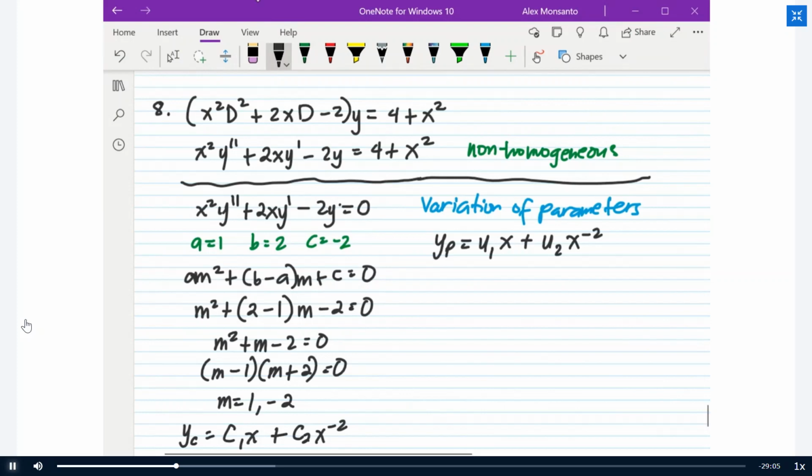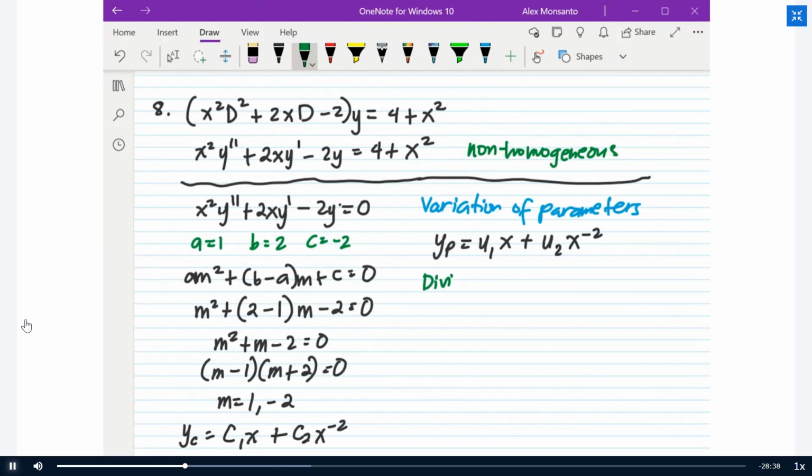So kinakailangan na ma-isolate itong y double prime. So ang gagawin ko po ay i-divide ko po both sides by x squared, para matanggal dito yung x squared. So, pag nidivide natin yan, ito magiging y double prime lang.